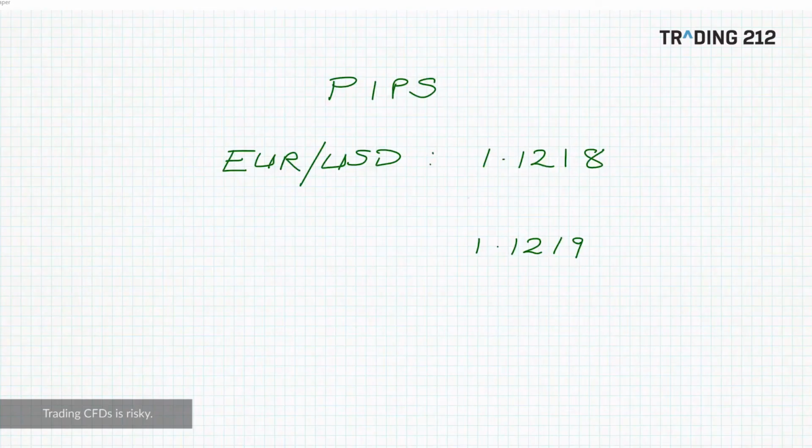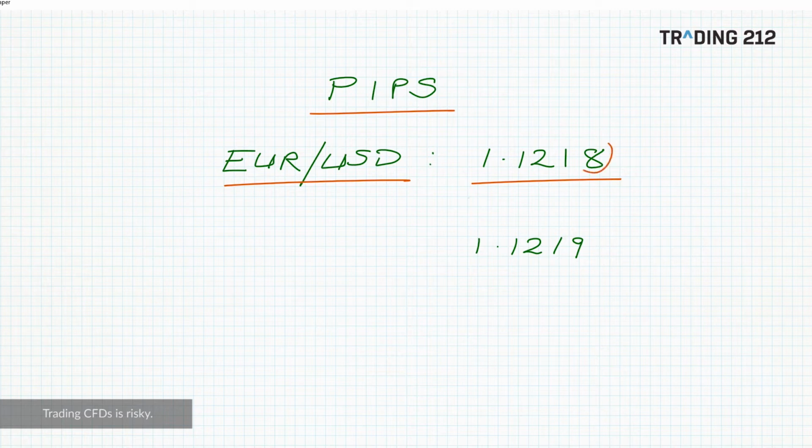So with pips, we need to look at what the conventions in the Forex market were. Now, for euro-dollar, the price that we've been looking at, conventionally that was quoted to 4 decimal places. So we might look at a quote that was 1.1218. This last decimal place, the smallest increment in change you could have would be a 1 point change in this, a 1 pip change.